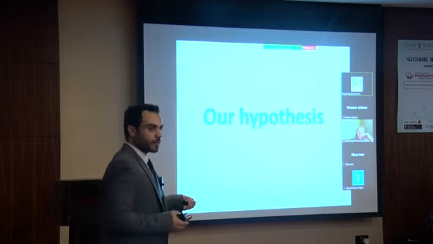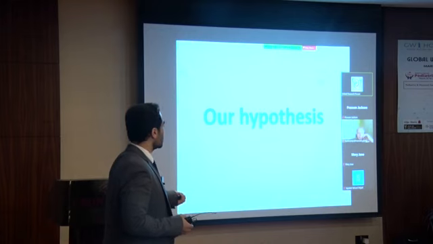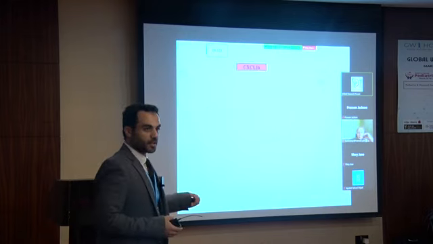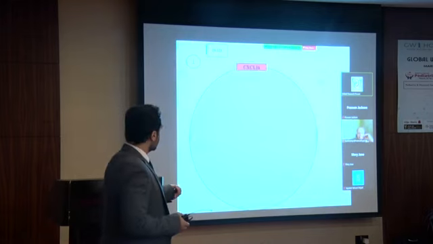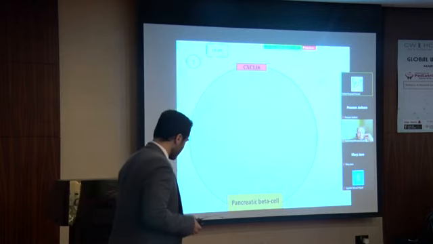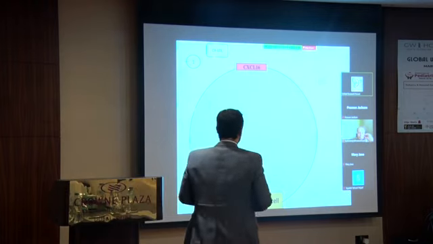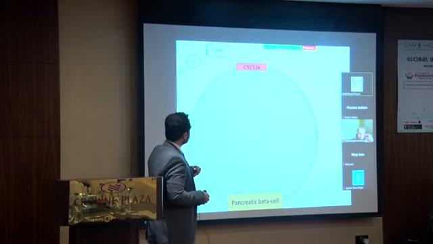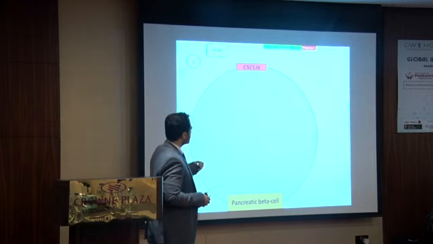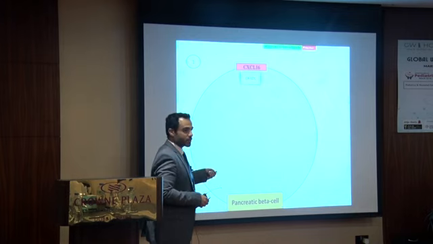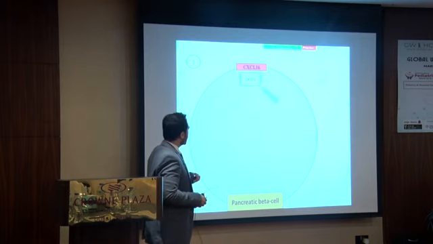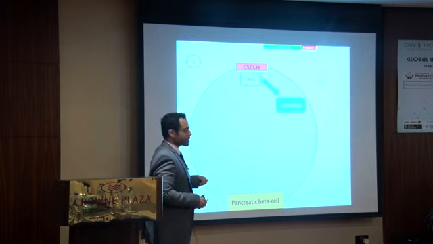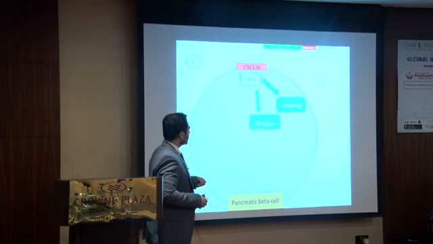From this information, we hypothesize a theory that we want to investigate in our study. We hypothesize that pancreatic beta cells may have CXCL16 in the outer cell membrane. In this first scenario, CXCL16 in the cell membrane begins to internalize oxidized LDL inside the cell, activating autophagy, tissue factor release and oxidative stress.